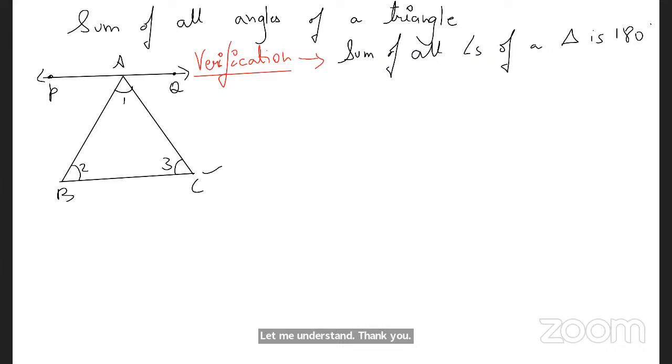And angles will also be formed on this line. Here one angle will form, and here also: angle 4 and angle 5 will form. So in this diagram, 5 angles are formed: 1, 2, 3, 4, and 5. Okay, and what is the sum total of the angles that are forming on one line?